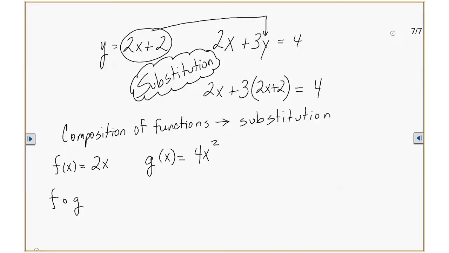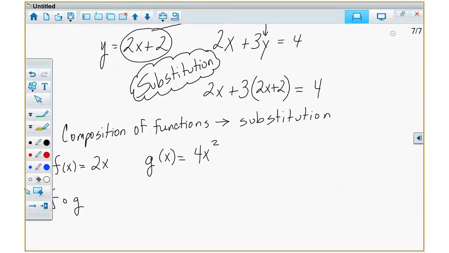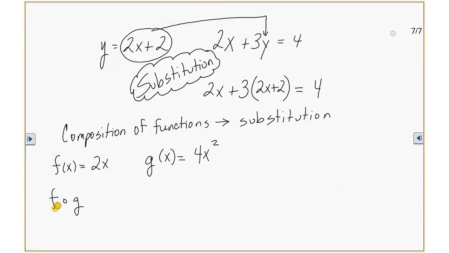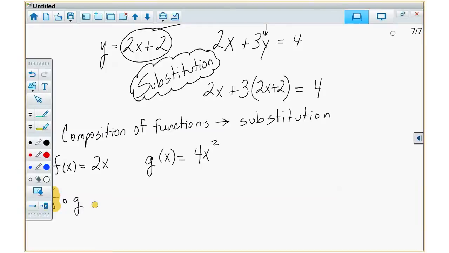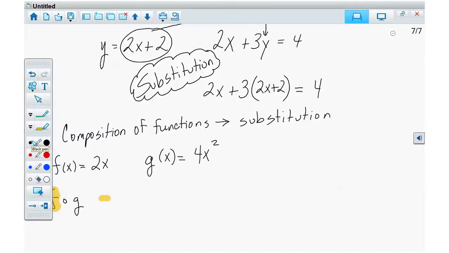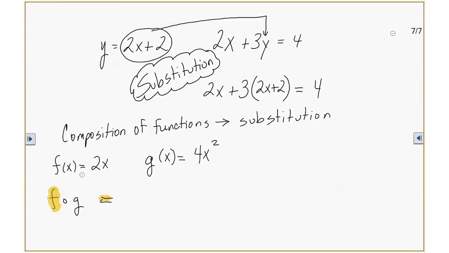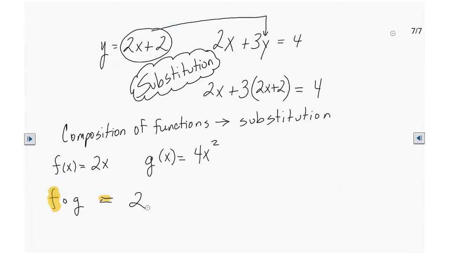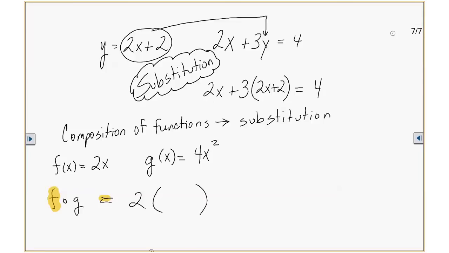Now what I like to tell students is this: take your highlighter, what comes first is the one that's going to get the big set of parentheses. So f is going to get the big set of parentheses. I'm going to rewrite f with a big set of parentheses, 2x.